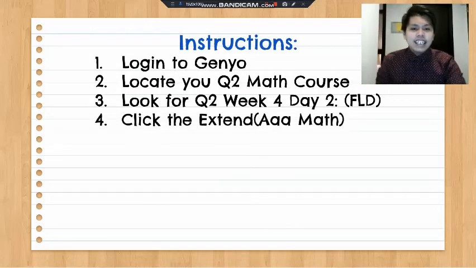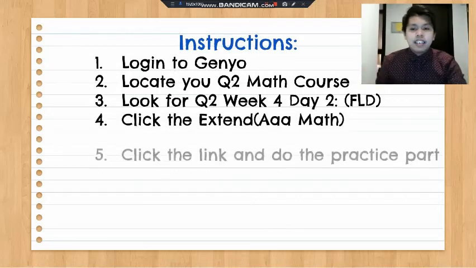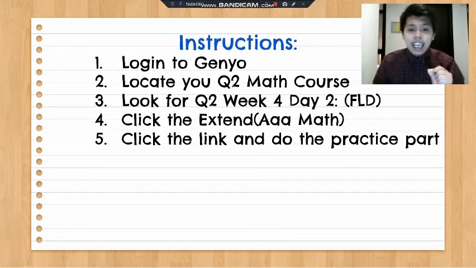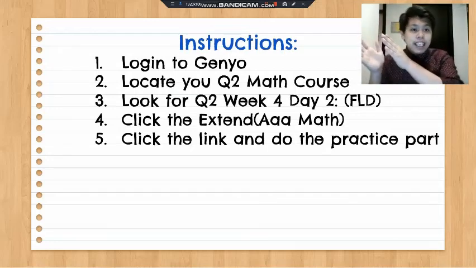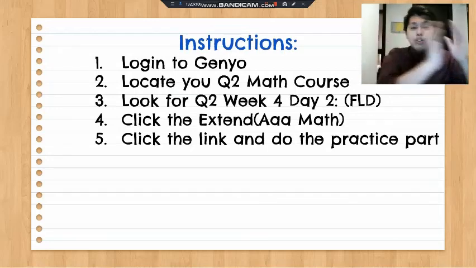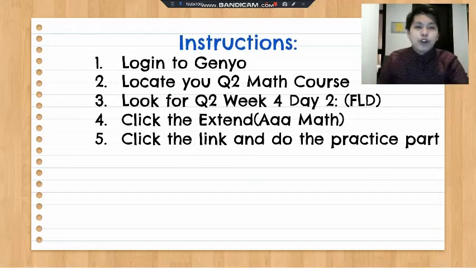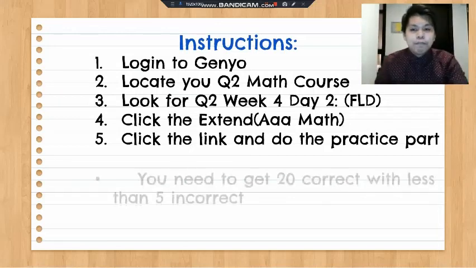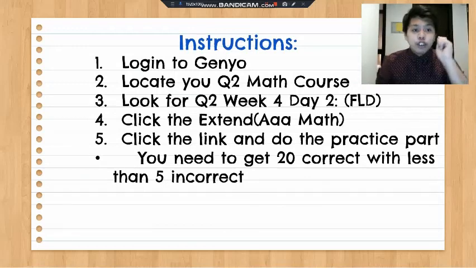Click the Extend AAA Math. Now, once you click the link, you do the practice part where you will transform the multiplication equation to addition or repeated addition. Now, here's your goal.